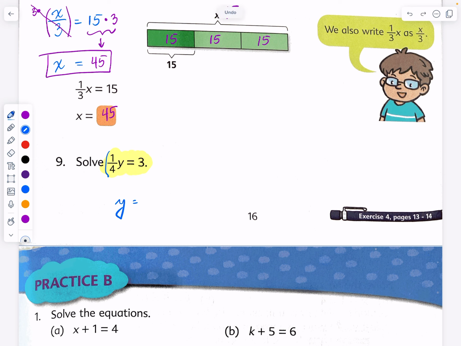Well, we need to multiply it by 4, of course. What we do to the left, we must do to the right. On the left-hand side, 4's will cancel out and we have y by itself. And on the right-hand side, we have 3 times 4, which is 12. Let's go back and see if our answer makes sense. Is 1/4 of 12 equal to 3? Yes.